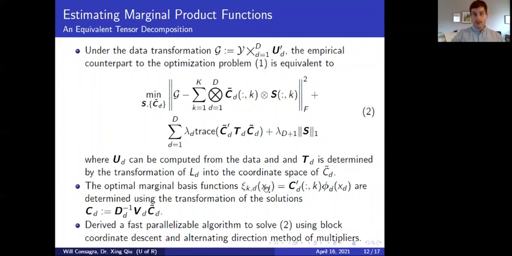So we have data transformation, solve the optimization problem, and invert those solutions to obtain the solutions back in the original coordinate space. Why this is helpful is that for this optimization problem, we were able to derive a fast parallelizable algorithm to solve it using block coordinate descent and the alternating direction method of multipliers.